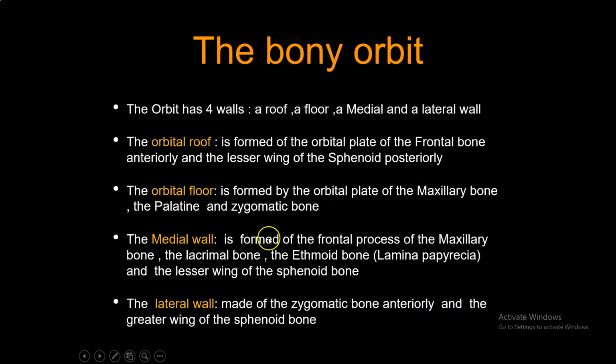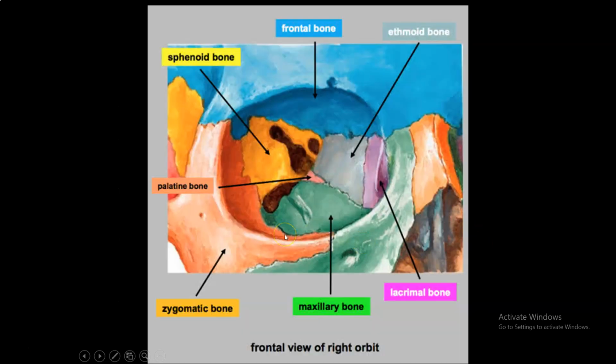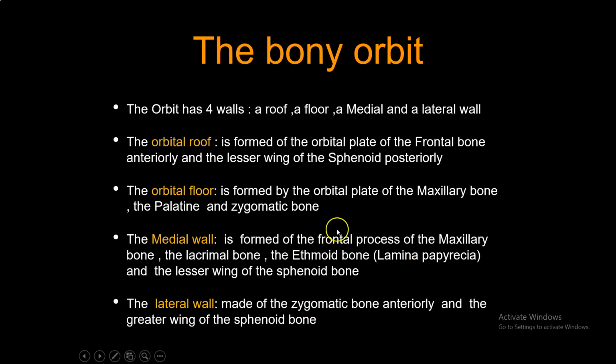And the medial wall is formed from the front to the back by the frontal process of the maxillary bone, by the lacrimal bone, by the ethmoidal bone, what we call the lamina papyracea, a very thin layer of bone separating the orbit from the ethmoid sinus, and the lesser wing of the sphenoid.